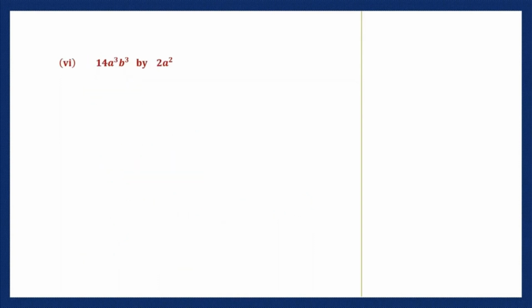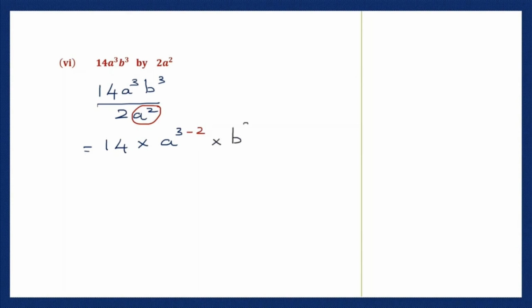Question 6. 14a cubed b cubed. Okay, let's write that. 14a to the power of 3 and b to the power of 3 divided by 2a square. So that is 14 into a to the power of 3. Now let's take this a also. This is a to the power of 2. So using exponent law, it becomes minus 2. Then into b to the power of 3.